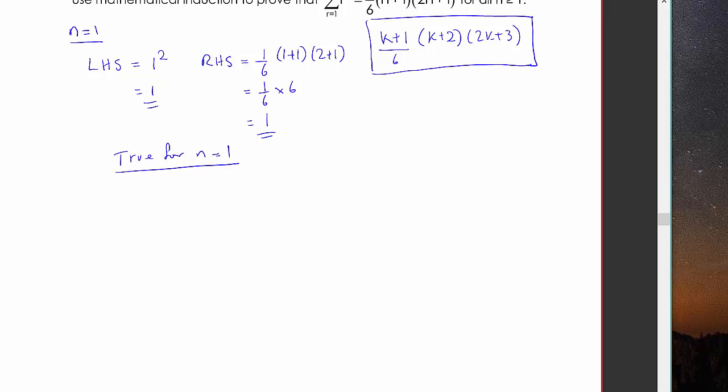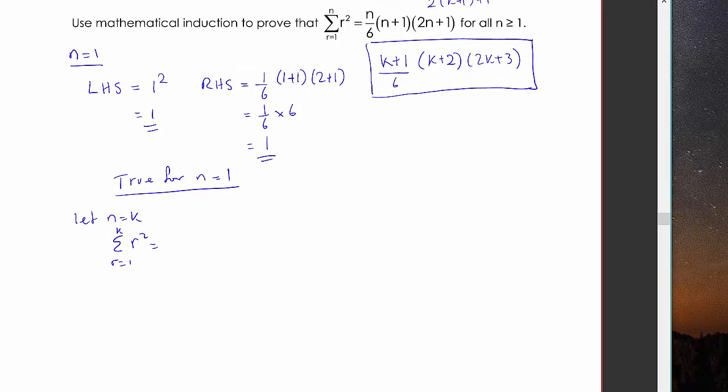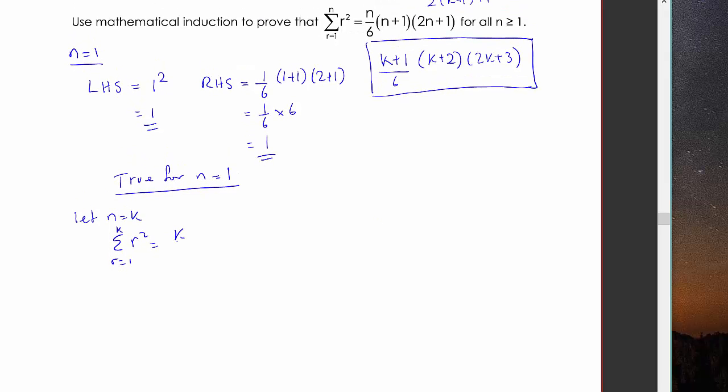Now we move to the inductive step. So we'll let n equal k, and then that means that the sum from r equals 1 to k of r squared would be k over 6, k plus 1, 2k plus 1.